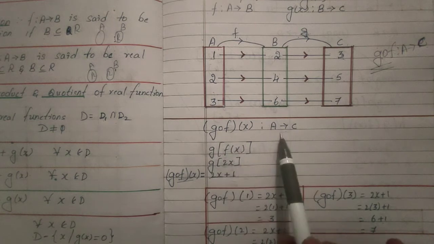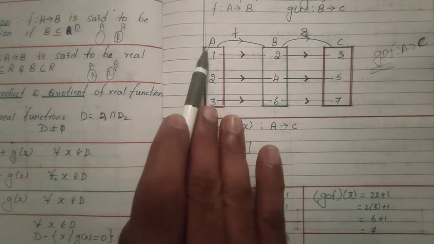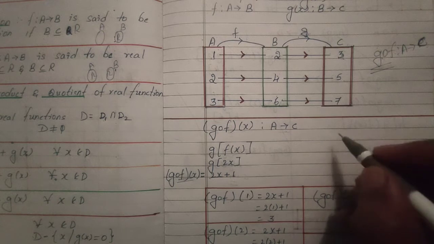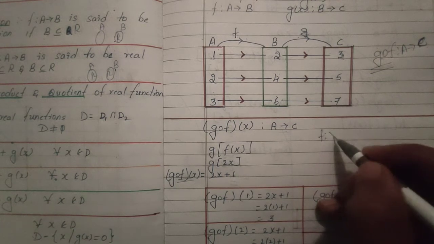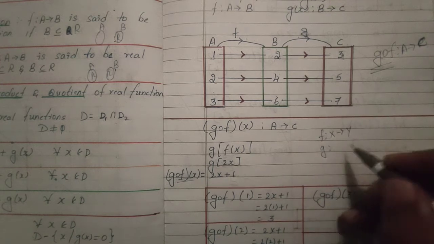What does that mean? When you combine these two functions, you are relating from A to C. Okay, a simple example I will give. For example, f is a function from x to y. G is another function, y to z.